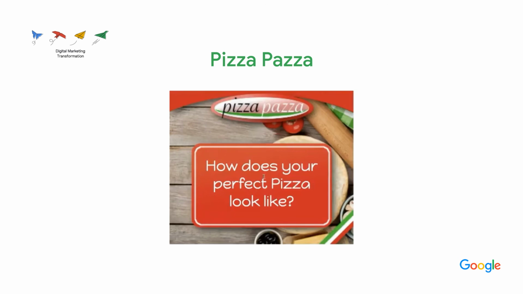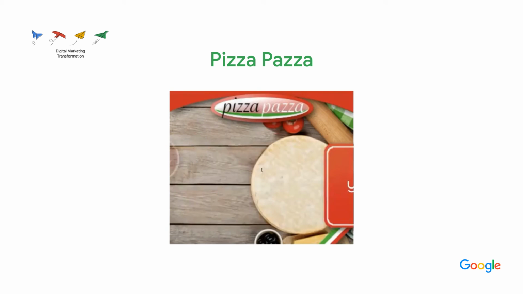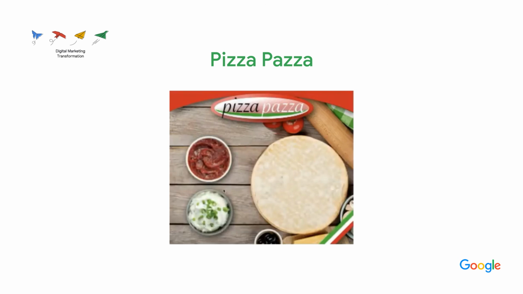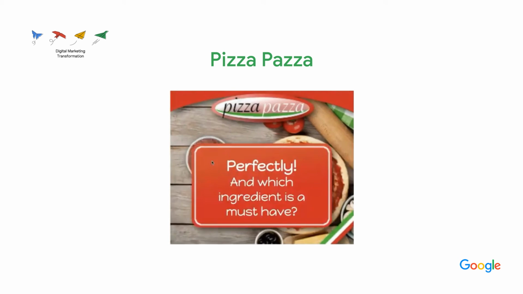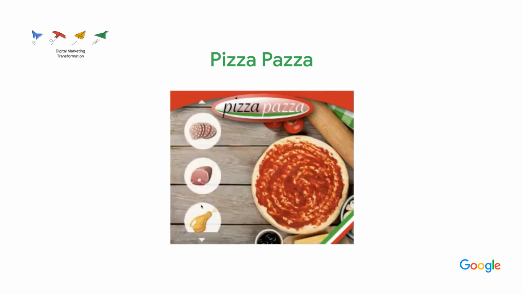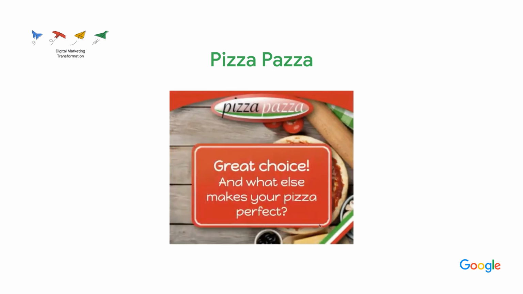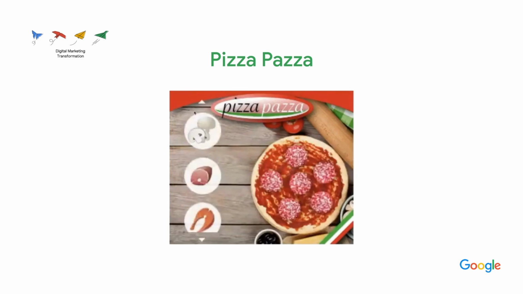So, how does your perfect pizza look like? First choose your perfect sauce. You select the sauce that you want. So you click here, and awesome, you like tomato. I am a big fan of salami, so add salami onto there. It's going to give you one more option to select one more menu item.